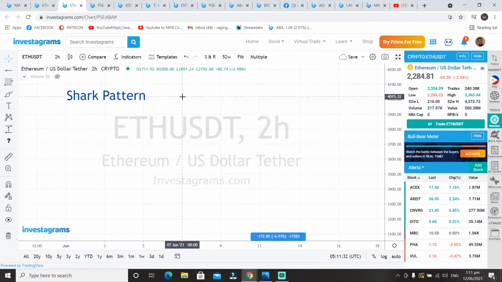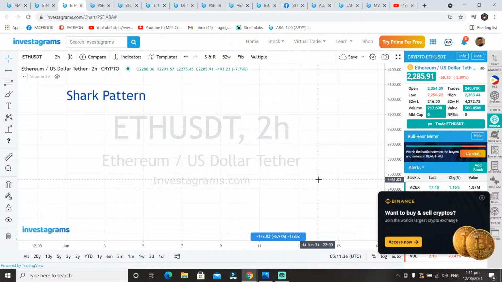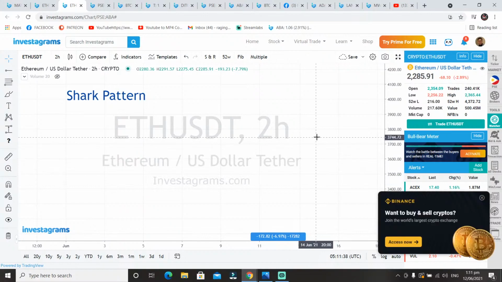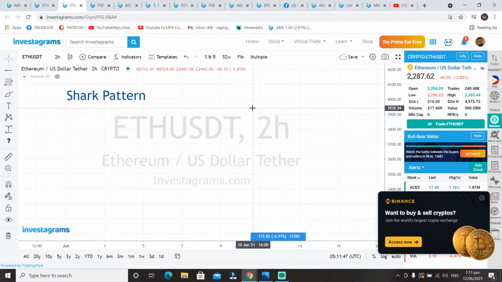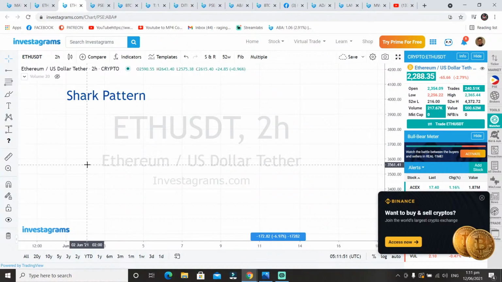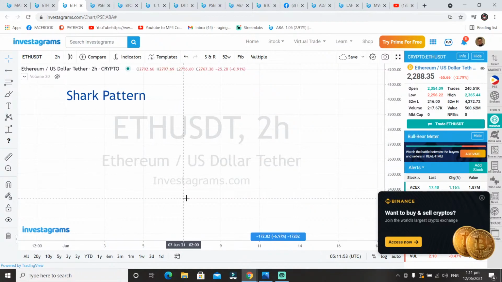But part of what I'm teaching is risk management and risk to reward ratio. Whenever we identify a good pattern, prepare a trade plan and perform technical analysis, we should identify at least a 1 to 1.5 or 1 to 2 minimum risk to reward ratio.